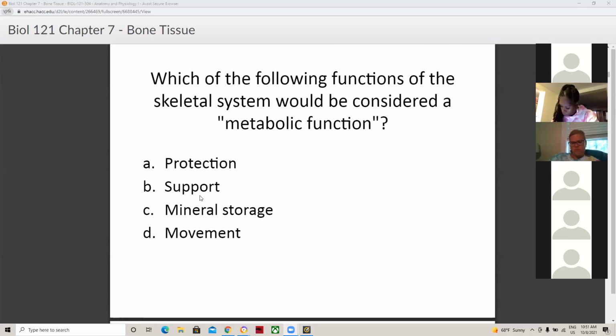Which of the following functions of the skeletal system would be considered a metabolic function? Remember, metabolic has to do with chemical reactions. So metabolism is defined as the sum of all chemical reactions within the body.